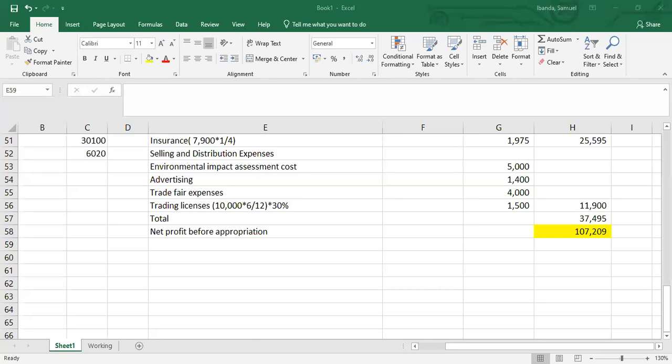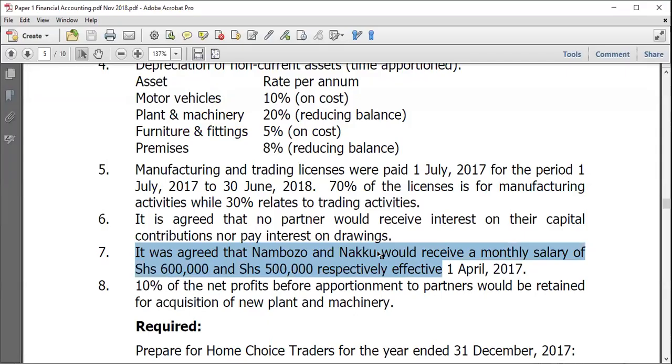So they have told us that it was agreed that Nambozo and Naku would receive a monthly salary of 600 and 500. Partners' salaries are supposed to be included within the appropriation. Okay. So we shall come here and say, now the partnership salaries are less.